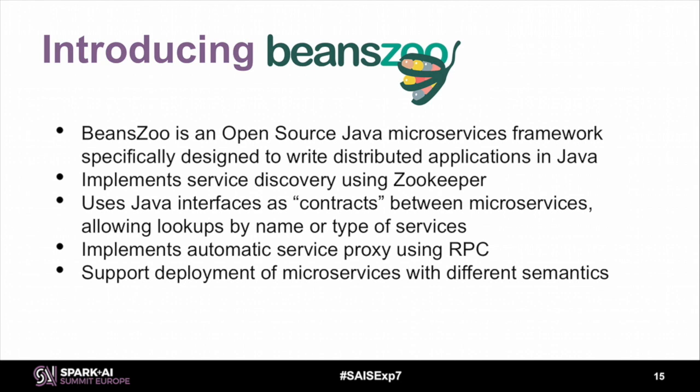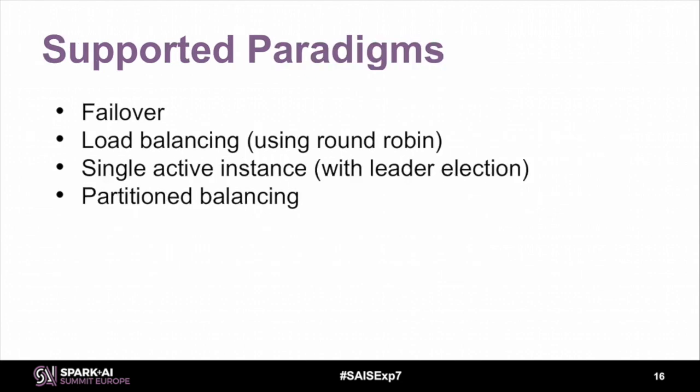And it supports deploying microservices with different semantics. What do I mean here? Like I said before, I might have different microservices with different paradigms. So I want to have a failover scenario: whenever a microservice doesn't work, I want to fail over to another service. I want to load balance my calls between my YARN containers across the cluster.